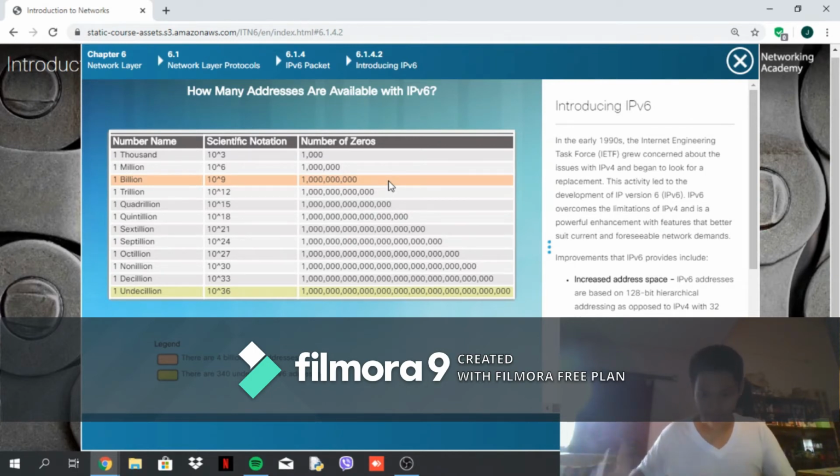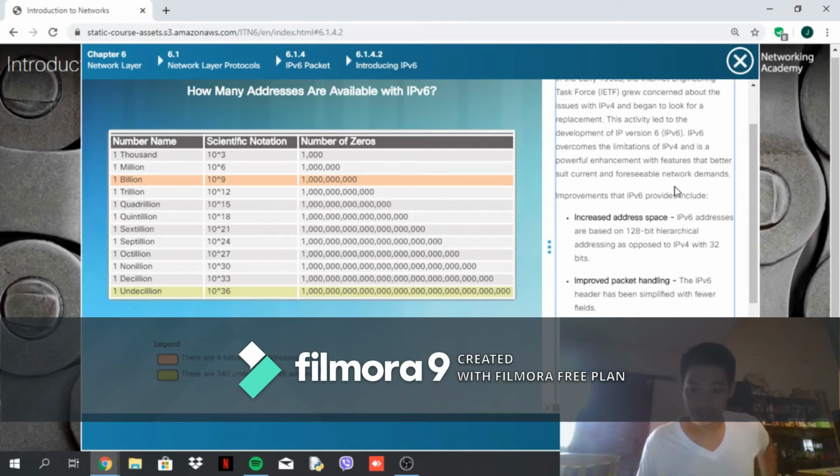It increases the size of the address. IPv6 is based on 128-bit hierarchical addressing, as opposed to IPv4 with 32 bits. So the size of IPv4 is 32 bits, and it increased to 128 bits in IPv6.